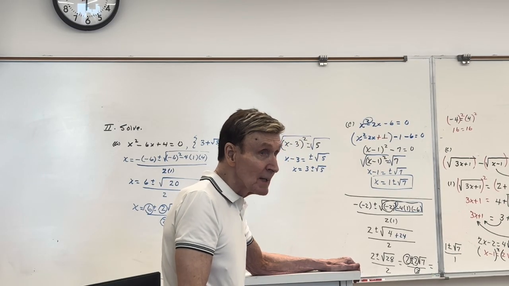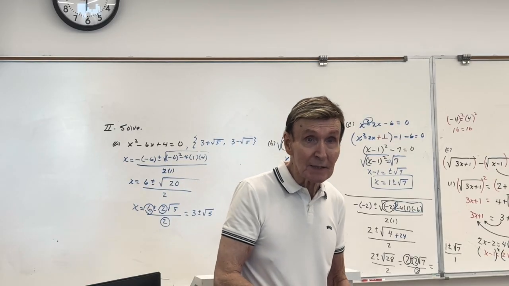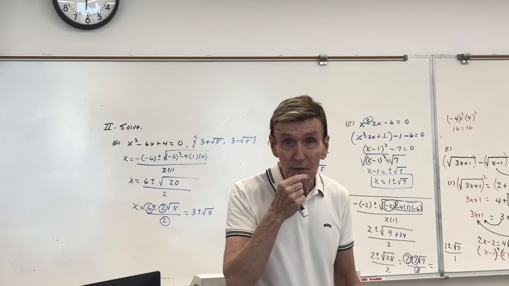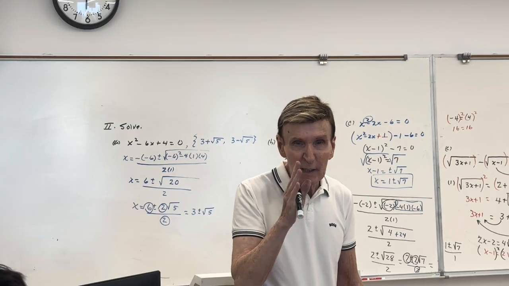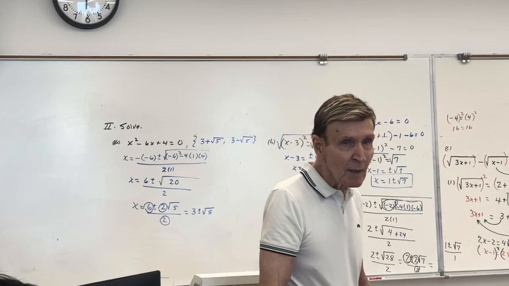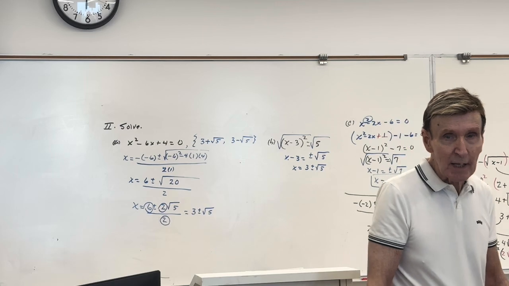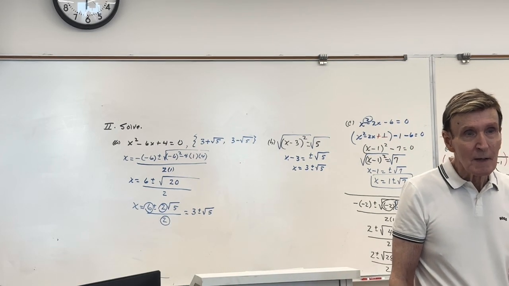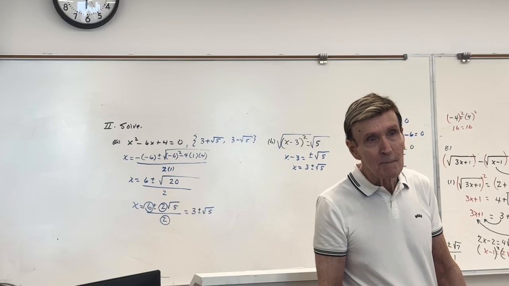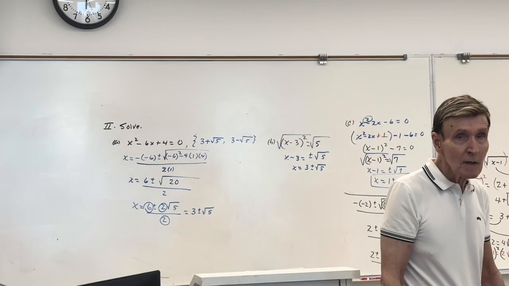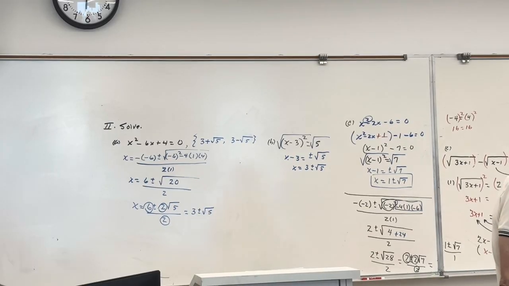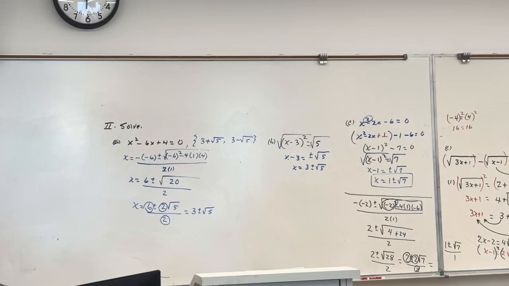Let me do a quick count because I do take attendance every day. Mr. Park, would you just count and see how many students are here? Just count them for me, would you? How many? 34.